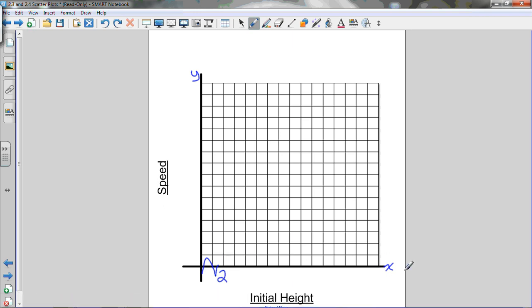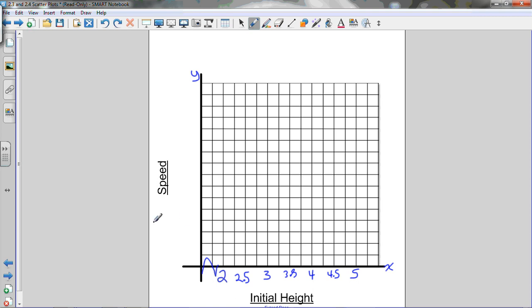So to fit it on my graph here, I'm going to go up by 0.5 every other line. So 2, skip 1, 2.5, skip 1, 3, skip 1, 3.5, skip 1, 4, skip 1, 4.5, skip 1, and 5. Okay? So that'll give me the range I need to record the data.